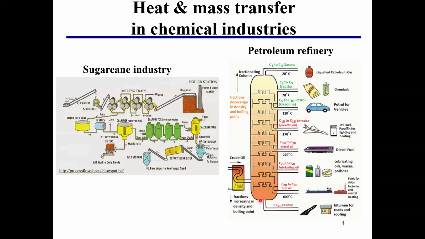All right, so if we look at the composition of a liquid at any of these trays within a distillation column, it will be close to the equilibrium at that corresponding temperature. All right, and that's how the fractions within the crude oil are fractionated in a distillation column.